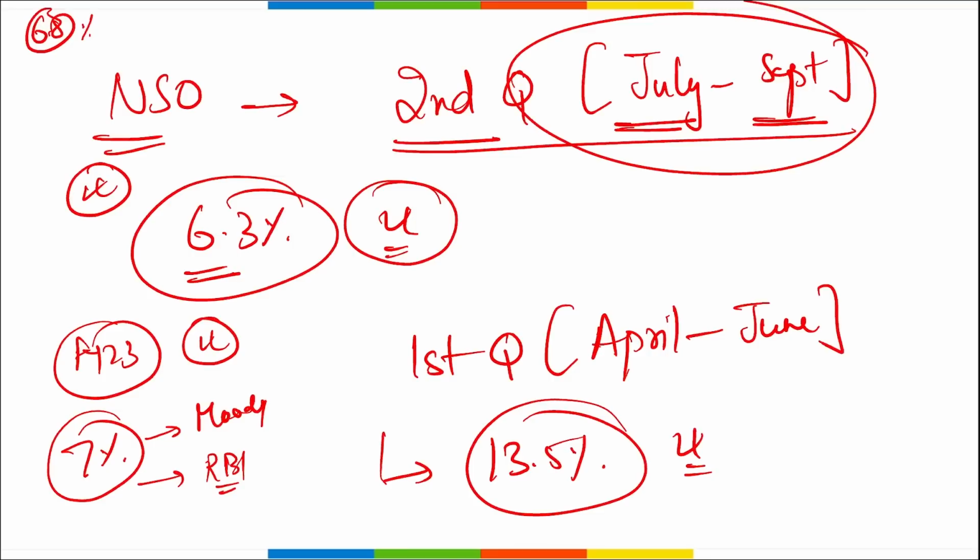Also, on average, the GDP growth rate of India being projected for the annual 2023 fiscal year is around 7%. But you should know definitely: for Moody's it is 7, for RBI it is 7. For Moody's earlier it was 7.7%, but it was slashed down to 7%.